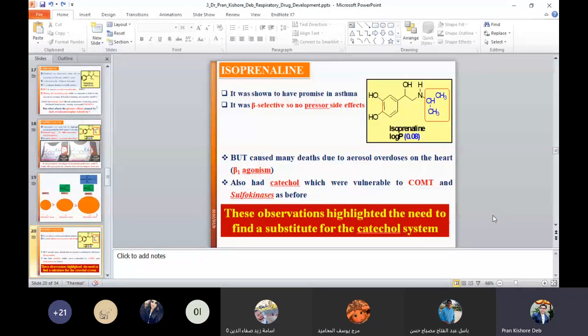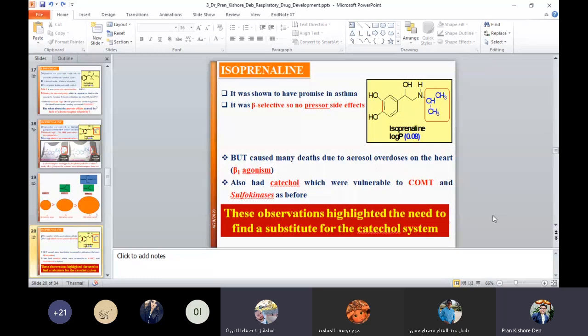What is the common side effect between adrenaline, ephedrine, and isoprenaline? The cardiac side effect. Why? Because they all bind to beta 1 and agonize it, so it makes the cardiac side effect.